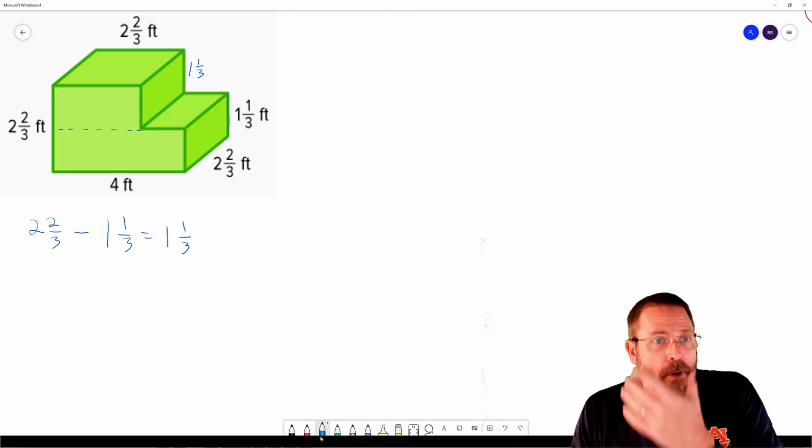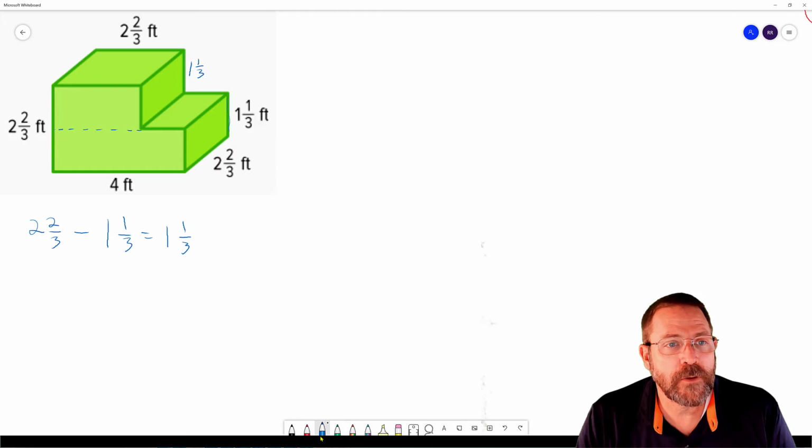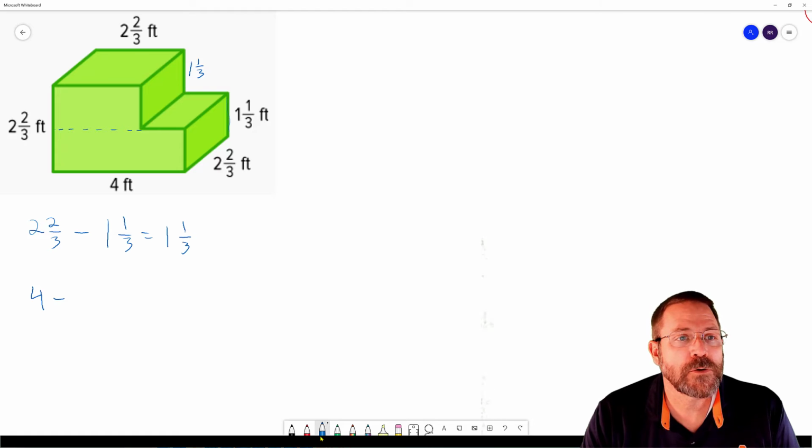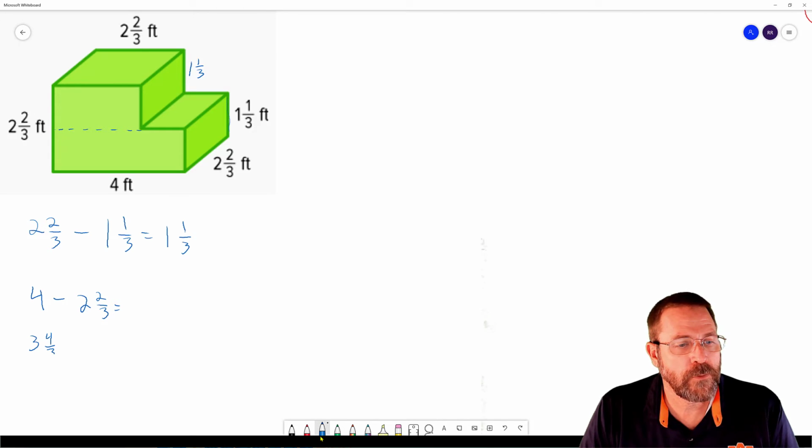I also need to know what this length is right here. I know that the entire length across here is 4, and I'm going to subtract from that this 2 2/3. I can change that to be 3 3/3 minus 2 2/3.